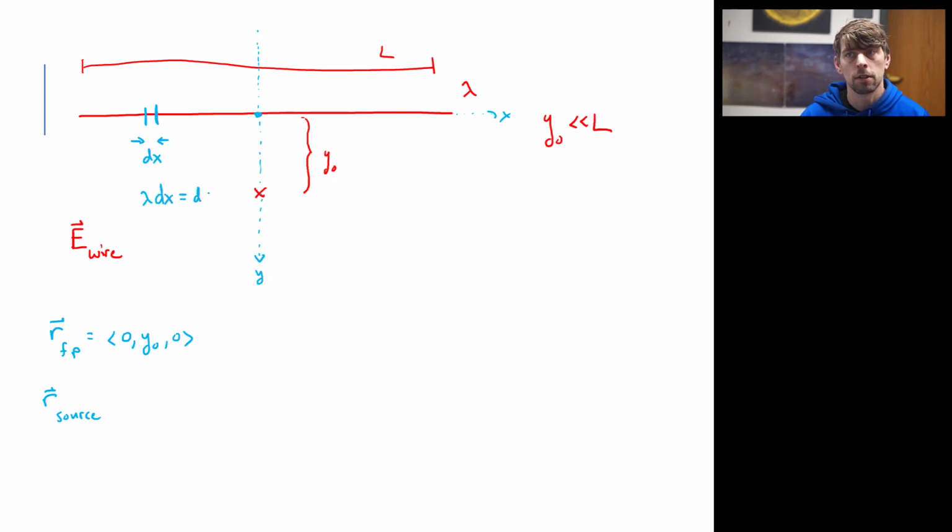So I'll put in dq here. That little line segment is located some distance x from our origin. And so in a very general expression, we can say that the source is located at x, 0, 0, remembering that x is our integration variable.